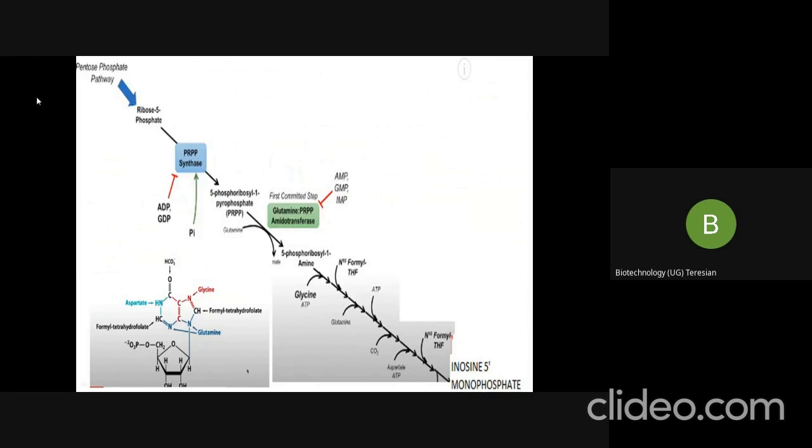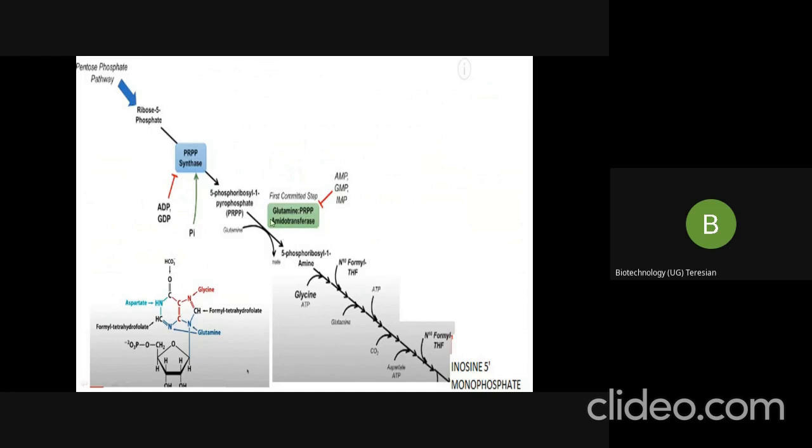So the pentose phosphate pathway produces ribose 5-phosphate, which in turn, in the presence of the enzyme PRPP synthase, produces 5-phosphoribosyl 1-pyrophosphate, and this in turn gets converted into 5-phosphoribosyl 1-amine in the presence of the enzyme glutamine PRPP amidotransferase.